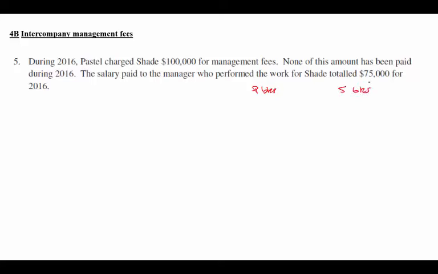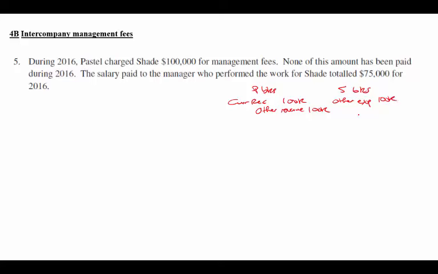Well, parent charged sub, so parent would have some revenue related to this, which is sitting in other revenue, and they would have some sort of a receivable. Sub, however, would have had a management fee expense, probably sitting in other expenses.